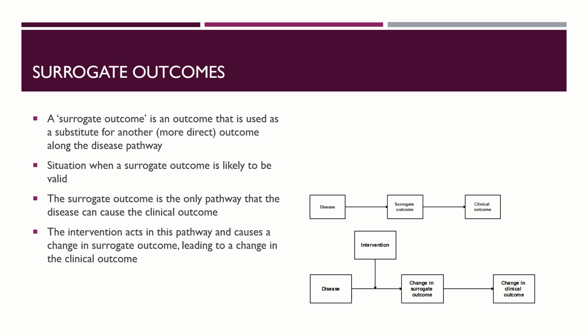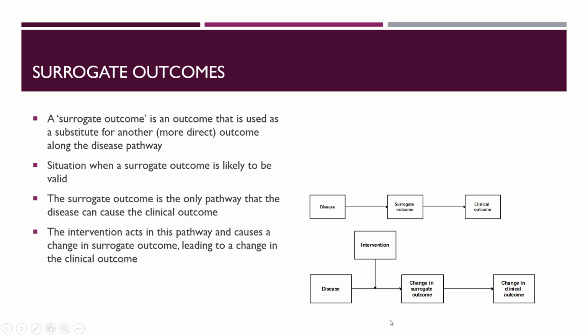There are some situations when a surrogate outcome is likely to be valid. The situation is when the surrogate outcome is the only pathway through which the disease can cause the clinical outcome. Therefore, the intervention should act in this pathway, and it actually causes a change in the surrogate outcome, which leads to a change in the clinical outcome.